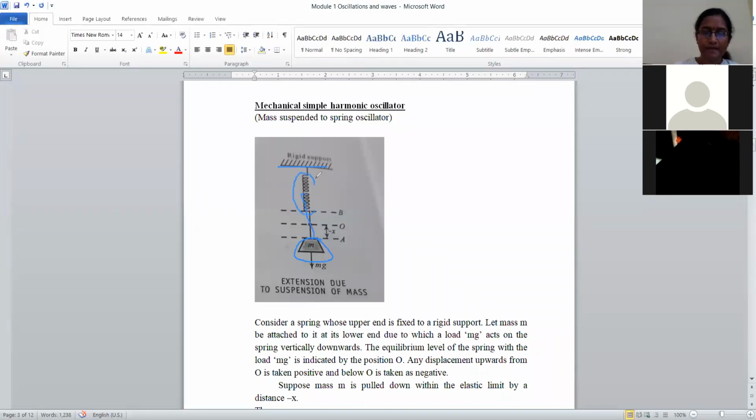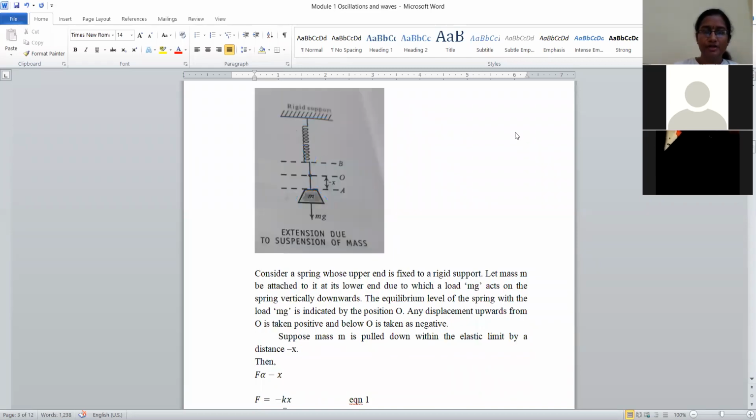Using this spring, this mass m has been suspended. So it is fixed at the rigid end. And this small m is the mass attached to the spring.